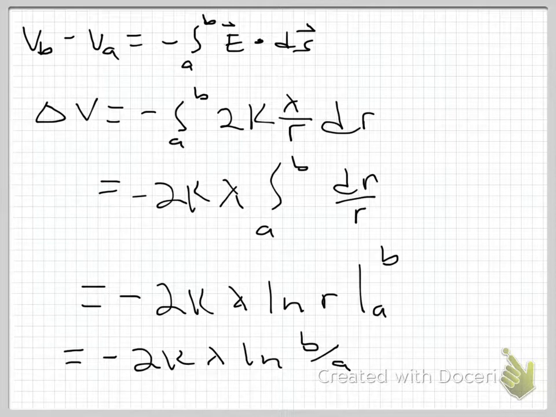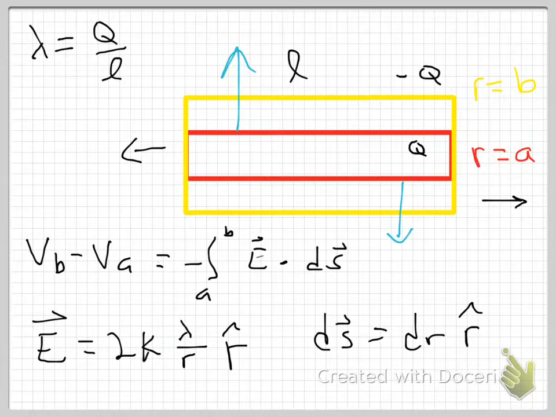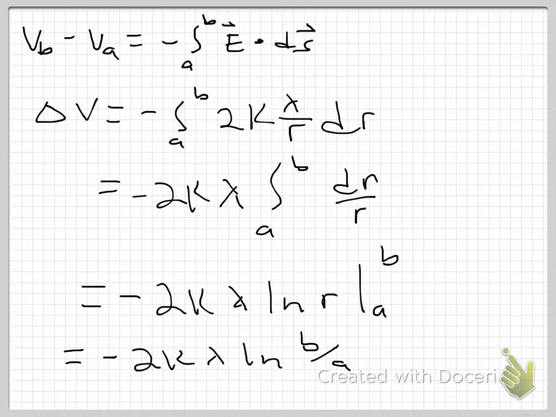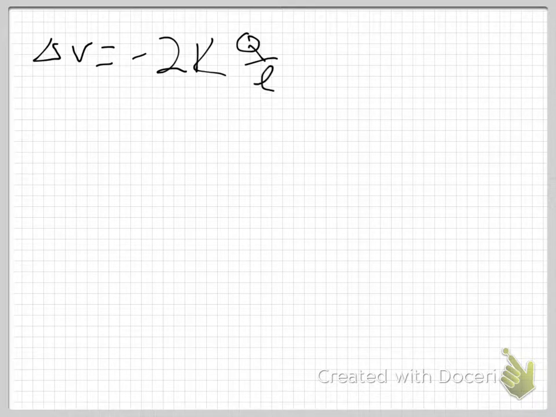Let me go to a new page, and now I'm going to express lambda, remember what lambda was, q over L, in terms of q over L. You don't have to do it at this point, but you will have to do it eventually, because what we're interested in is characterizing this thing in terms of its parameters, of which one is L. So delta V is equal to minus 2k q over L, that's my lambda, log b over a.